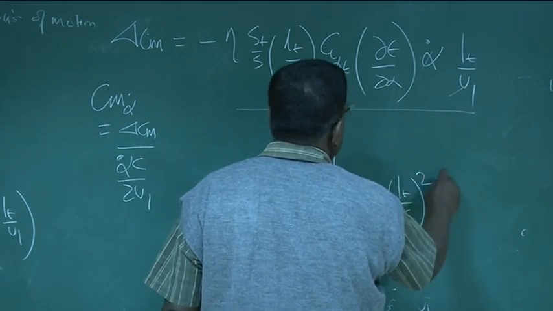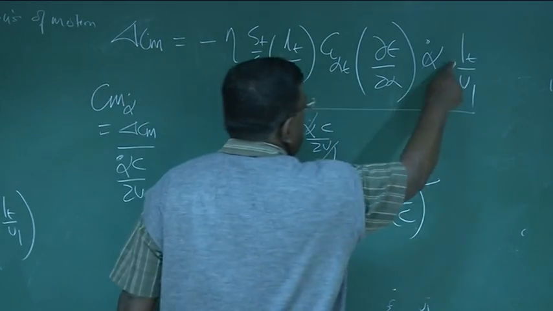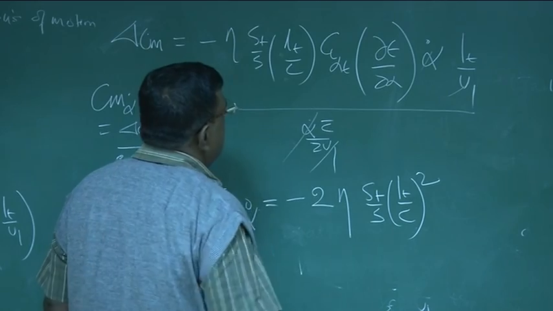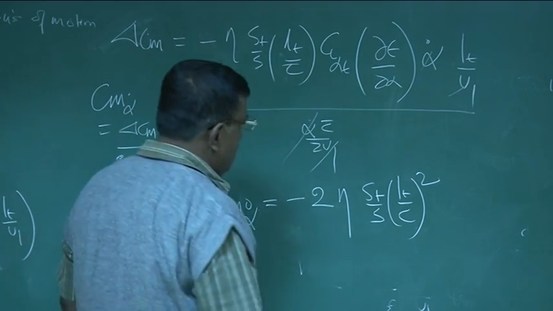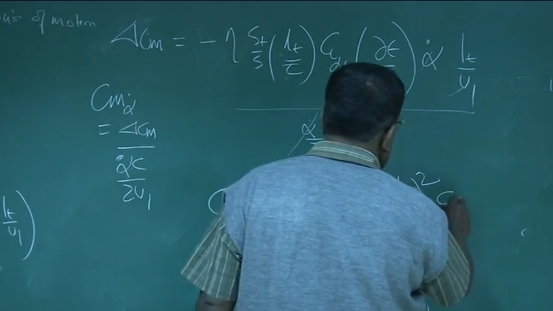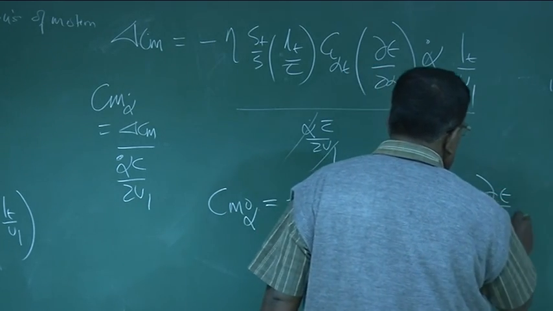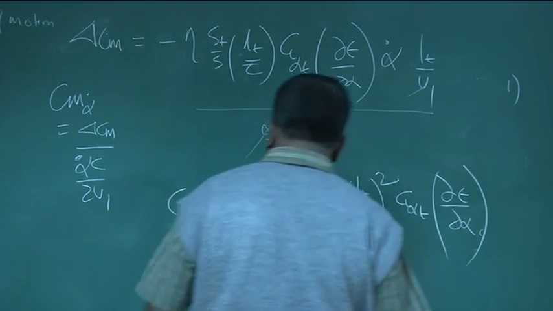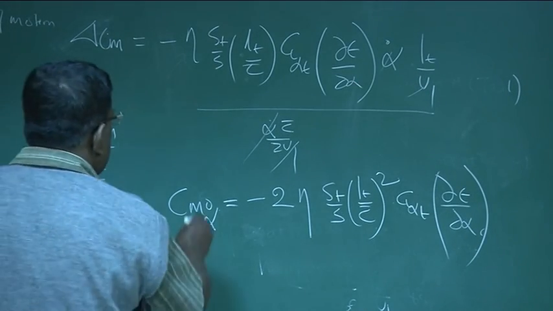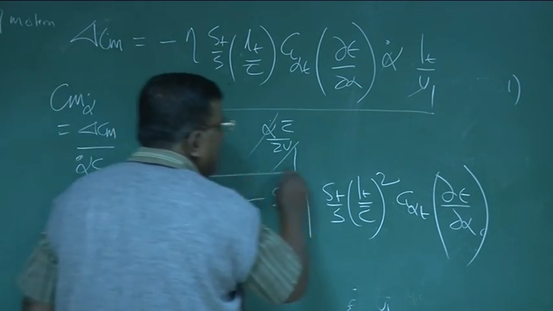You see, Lt is here, c bar is here. c means c bar, please understand that. And into Cl alpha tail d epsilon by d alpha. Okay? So this is the expression for Cm alpha dot.